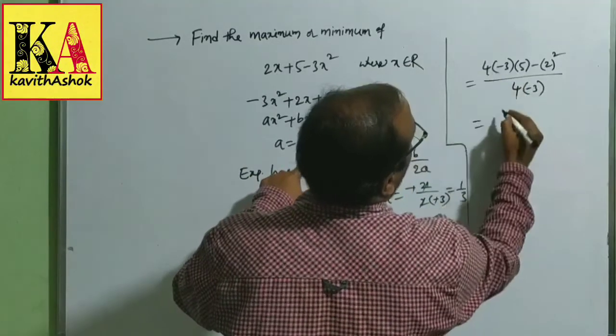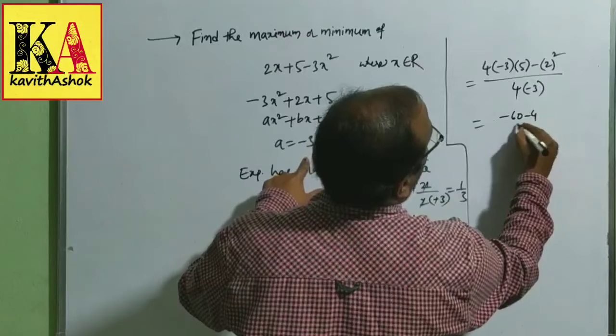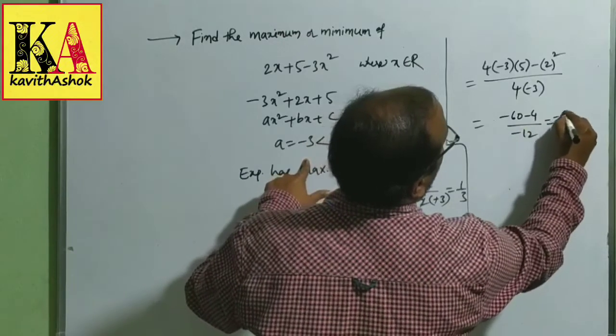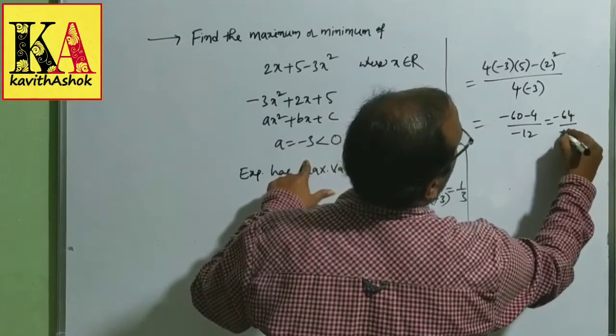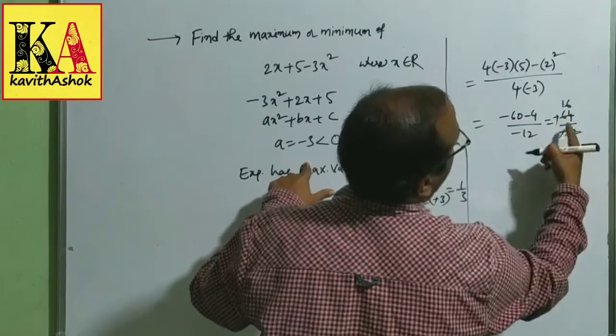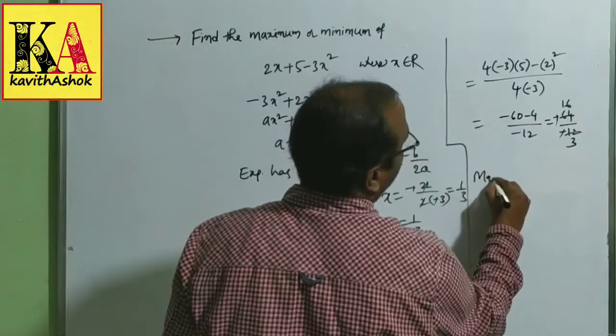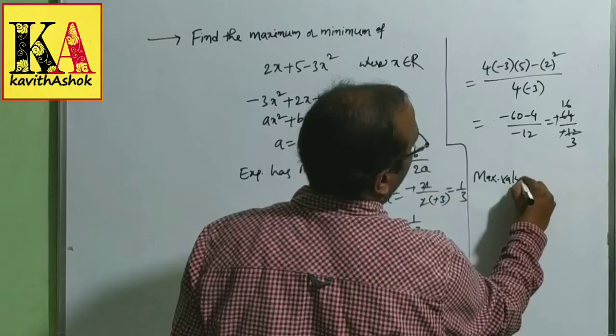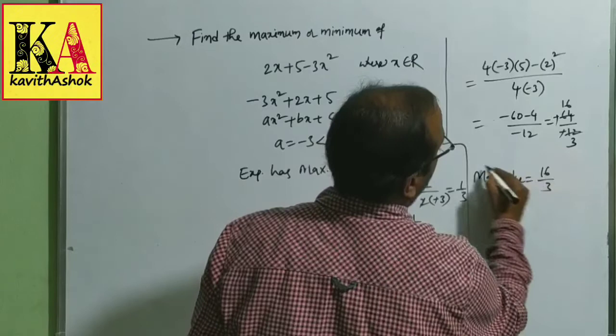So 4 fives are 20, minus 4, by minus 12. So minus 64 by minus 12? Minus cancels. So maximum value is equal to 16 by 3.